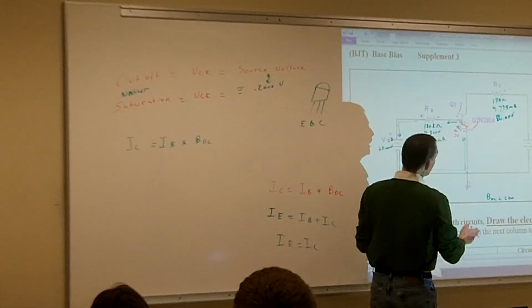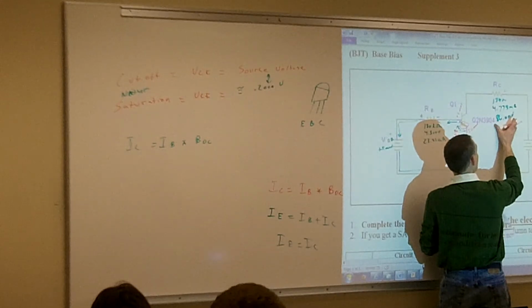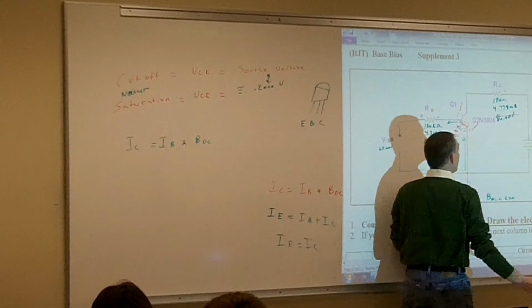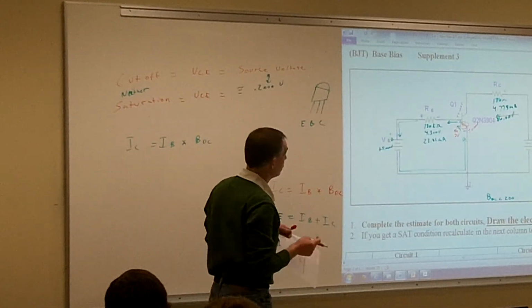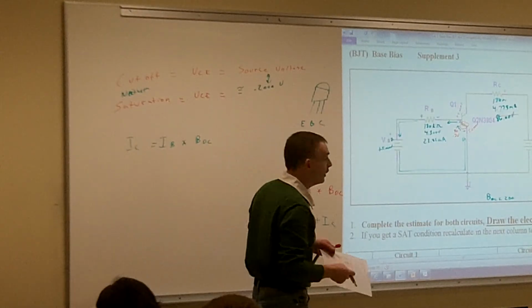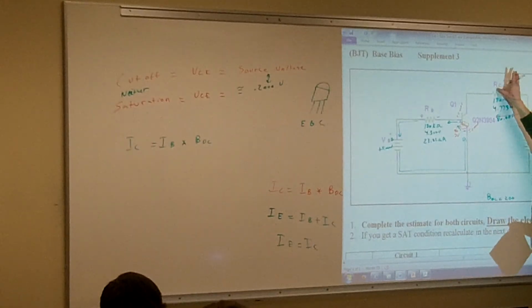So what that's telling us, the minute we calculate a large amount of voltage across RC, we know that, am I going to be in cutoff or in saturation right now? I'm in saturation because RC is taking all the voltage.